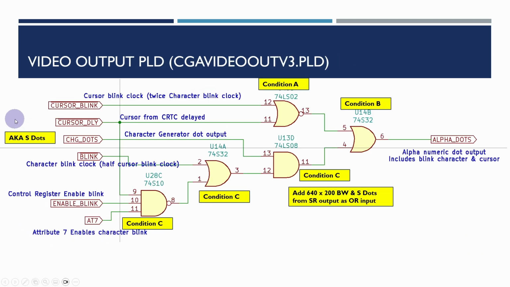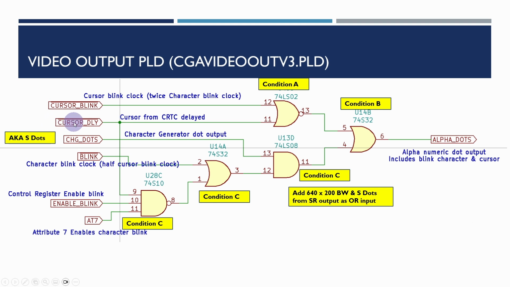So this was the video output logic that I showed you, which was on the first page, and this is really the logic which is going to be encoded into the Complex PLD. In the first series, this was actually the CGA Video Out PLD, and this has now been merged into our Complex PLD. And fundamentally what happens is that we have the various signals. So we have the cursor blink clock coming in here.